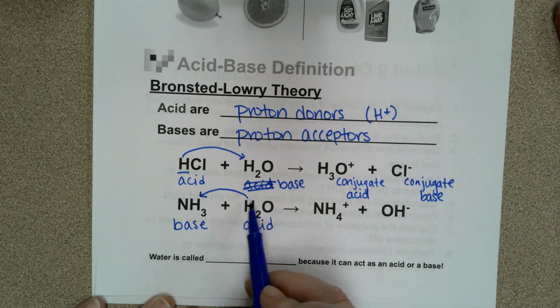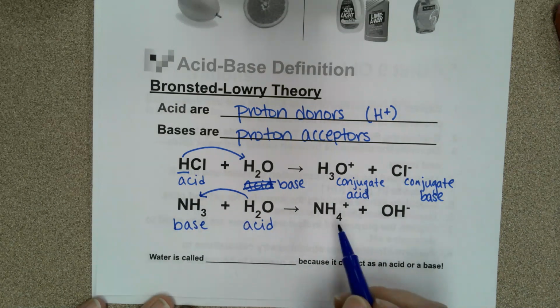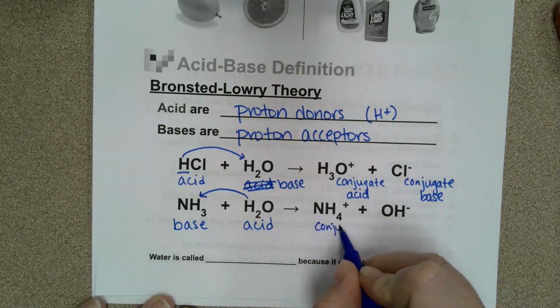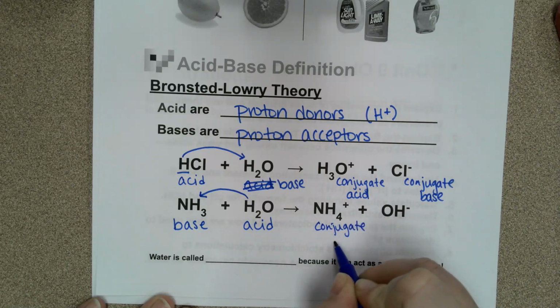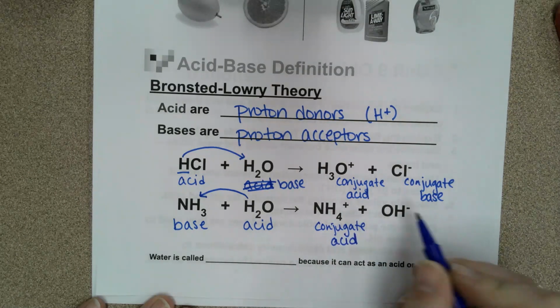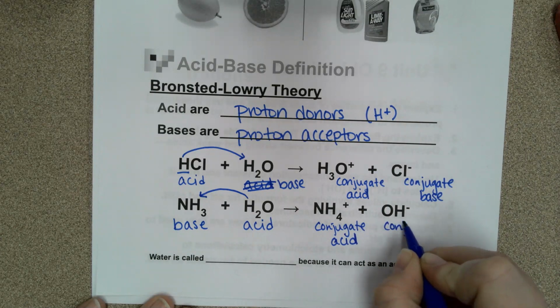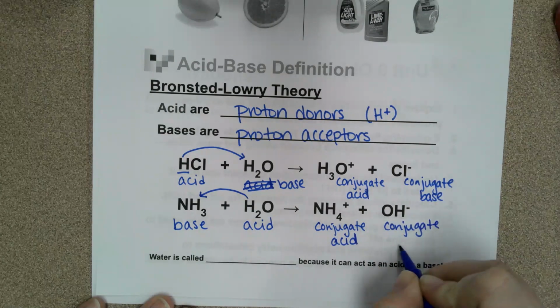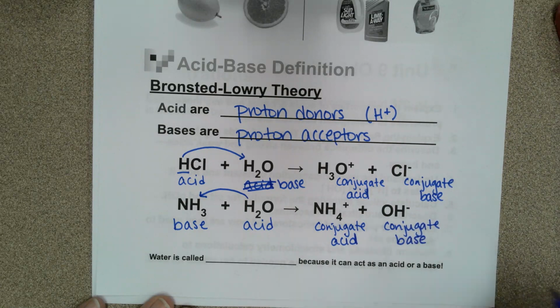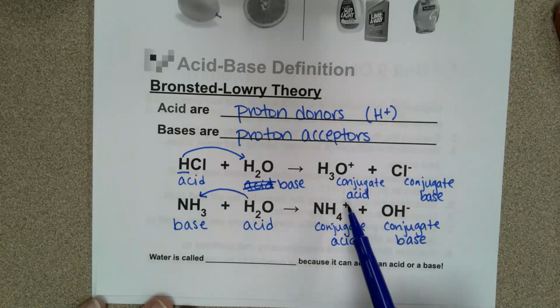And then after this accepts the hydrogen, what's left over is our conjugate acid, and our OH minus, which is our conjugate base. Now notice we're forming NH4 plus, that is the ammonium ion.